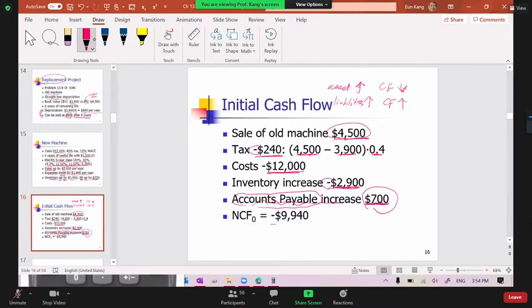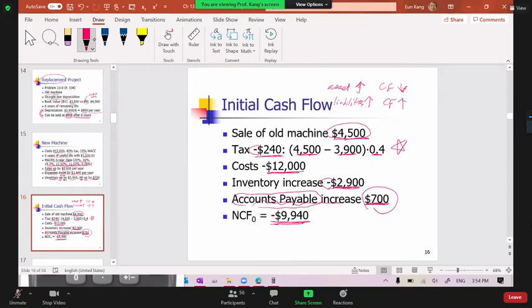You have negative 9,940, okay? So many people miss because of this, okay? Tax, right? Be careful, okay?